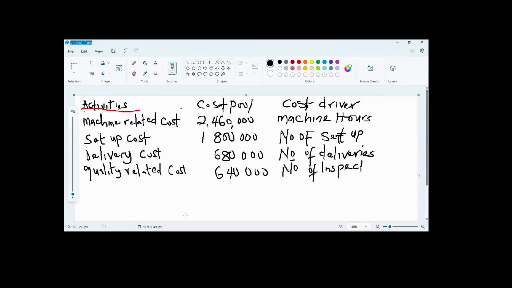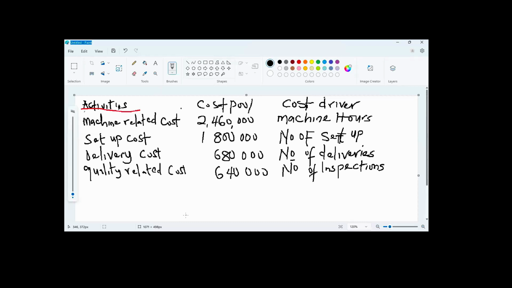You observe that none of the overhead costs is related to labor hours. That means the traditional approach is faulty, because we used direct labor hours to share the overhead cost to the 3 products, but in reality, the costs incurred are not related to labor hours.